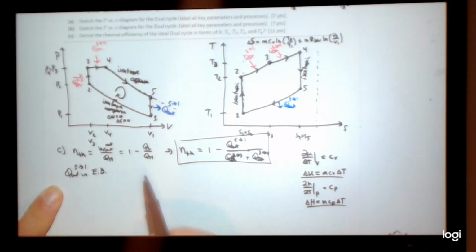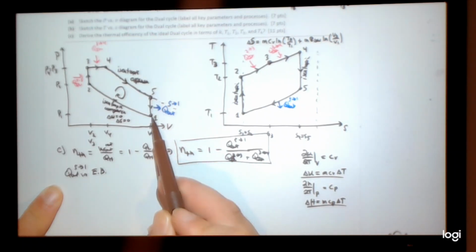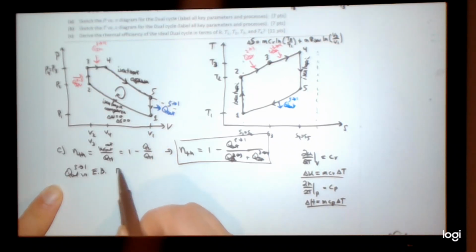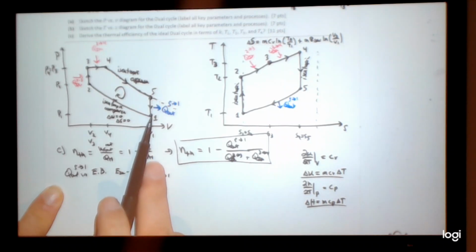So we do that. Energy balance, we go from state 5 to state 1, all the forms of energy in. Energy in minus energy out equals the change in internal energy from going from state 5 to state 1. What form of energy do I have in? Is there mass in? No, it's an ideal system, no mass transfer. Is there boundary work?